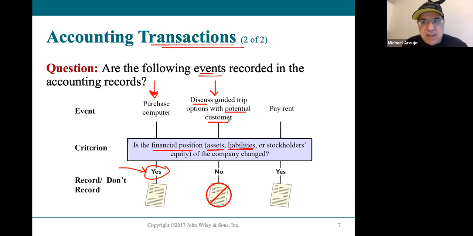Even if I discuss things and try to sell a trip, in case this is for Sierra Corporation, right? If I try to sell them a hiking tour, and they say, well, thanks, it was very interesting talking with you. There was nothing that changed. It's not a transaction because it's not an economic event.